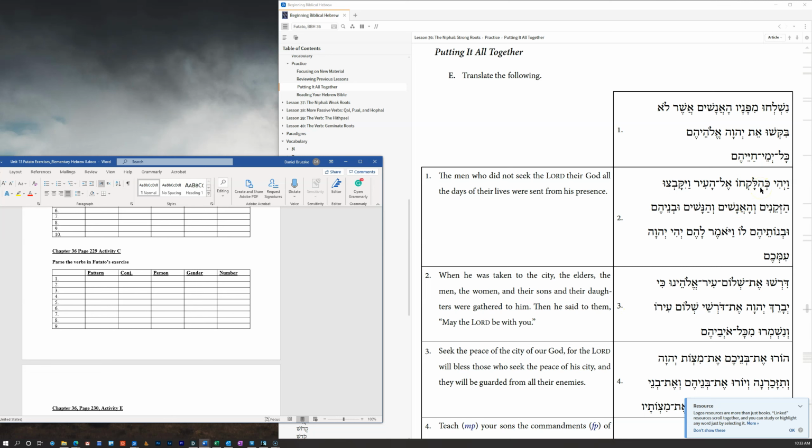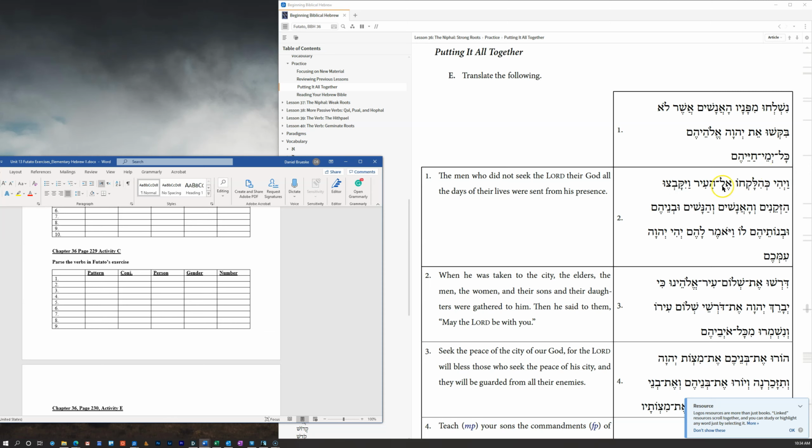Okay. Yeah, so the 3MS is the subject here. That's why I was so confused when there was no subject. But yeah, this isn't took him. This was when he was taken.